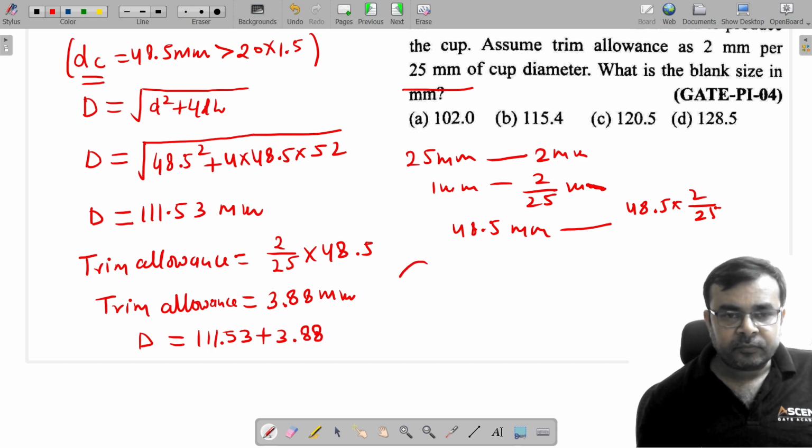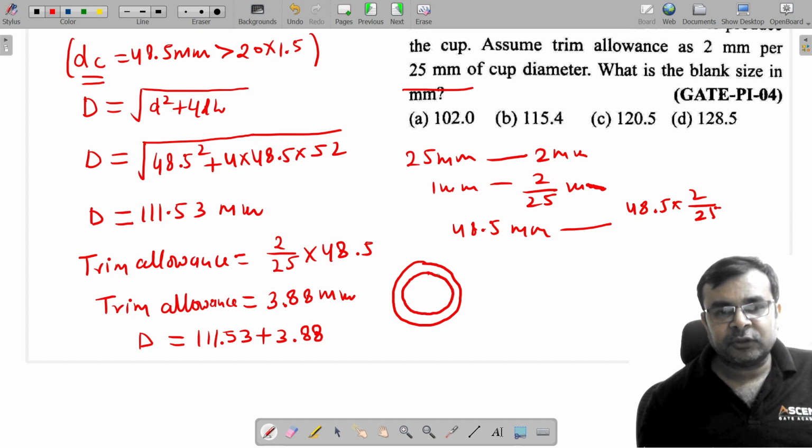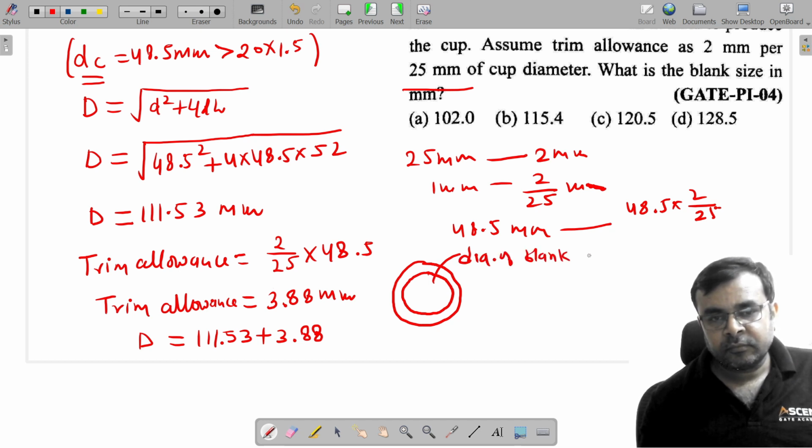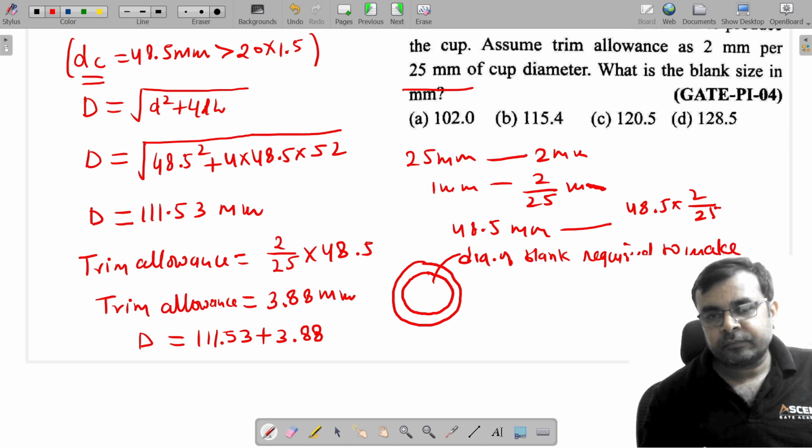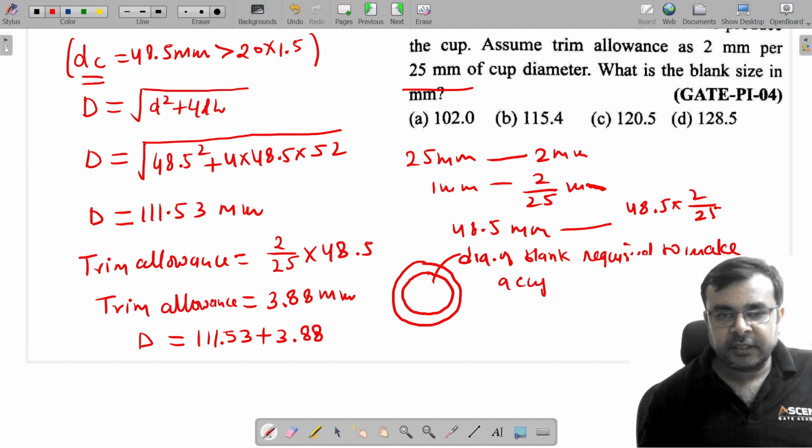Suppose you need this much amount of blank. This diameter of the blank is the actual requirement, the blank required to make a cup. Correct?